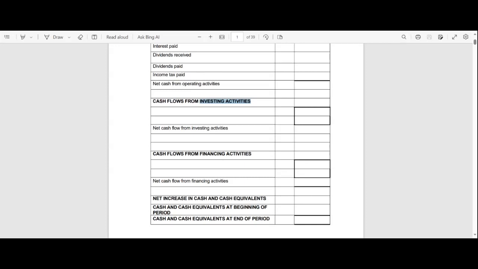So it includes property, plant, and equipment. It also includes intangible assets, financial assets, biological assets, investment property, so any kind of non-current asset, ladies and gentlemen.